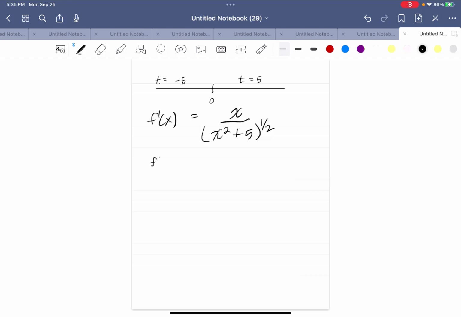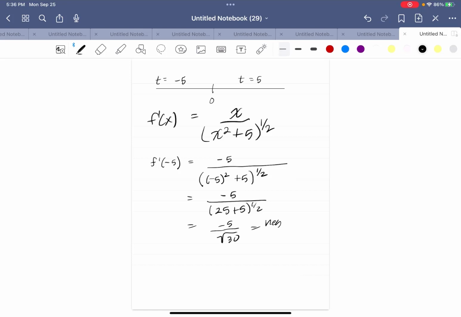So if I do f prime of negative 5, I get negative 5 divided by (negative 5 squared plus 5), all of that to the 1/2 power, or square root. So that's negative 5 divided by the square root of 25 plus 5, negative 5 over the square root of 30.